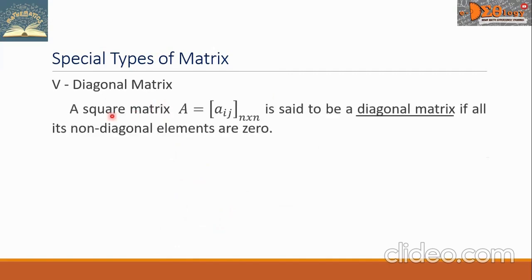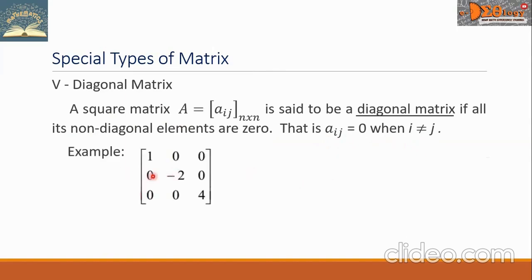Fifth type is the diagonal matrix. A square matrix A is said to be a diagonal matrix if all its non-diagonal elements are 0. That is, A sub ij is equal to 0 when i is not equal to j.